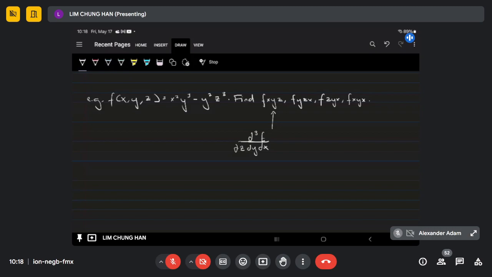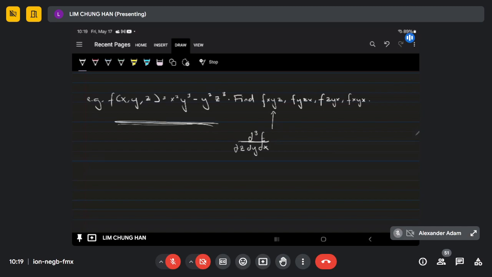Okay, let's continue with this example then. Now I've given you this function. Now I want you to look for the higher derivative, but this is actually much higher, like 3 times.